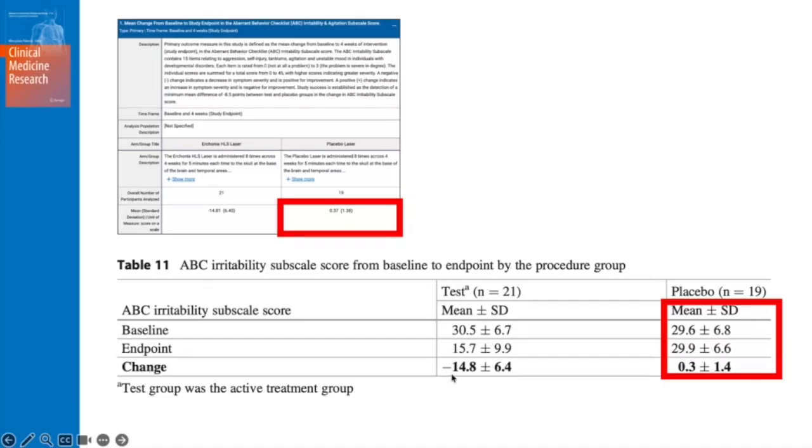You can see that in the intervention group, they have 14.8 points difference between pre-treatment and post-treatment. And in the placebo group, they have 0.3 difference between pre and post. So basically, we have almost no change from baseline to endpoints. So almost no change.